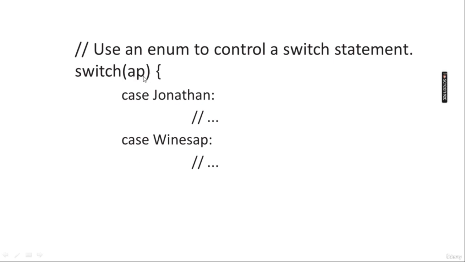Before starting the switch case statement, it already checks that AP is of the enumeration type. So whatever constants are inside the switch case will automatically be of type Apple. No need to write Apple.Jonathan, Apple.Winesap and so on. So for equality checking, switch is better than if.